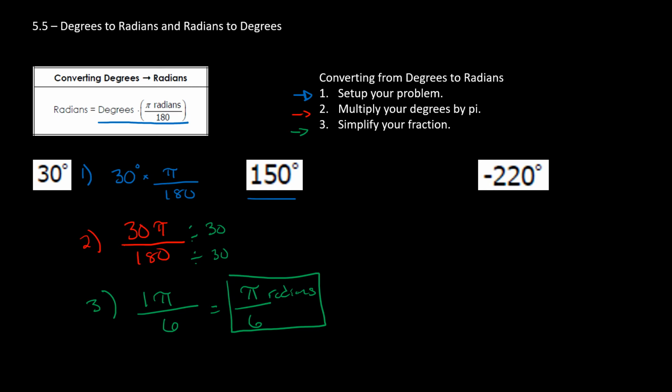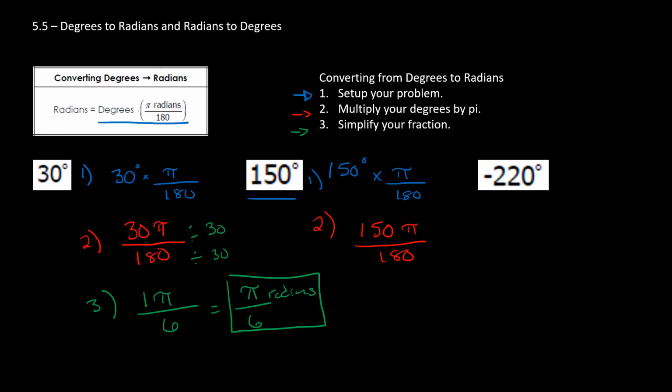So we're going to do step 1 where we set up the problem. We're going to say 150 degrees times pi over 180. This is step 1. Step 2, when we set up the problem, we're going to multiply this out. We're going to see that we have 150 pi over 180. Technically, we're done with the problem here, but we do want to simplify.